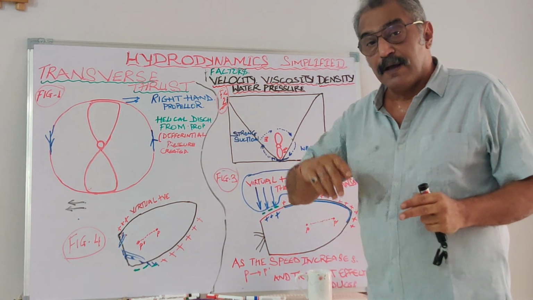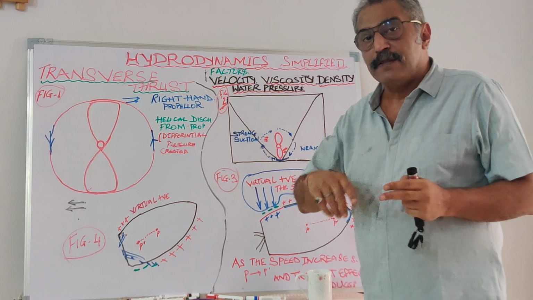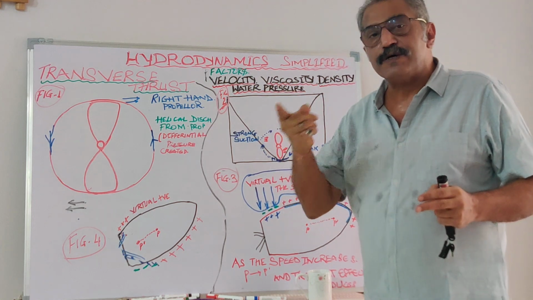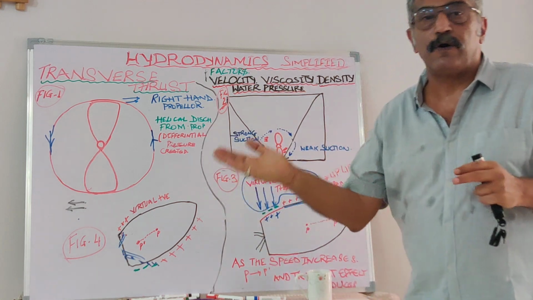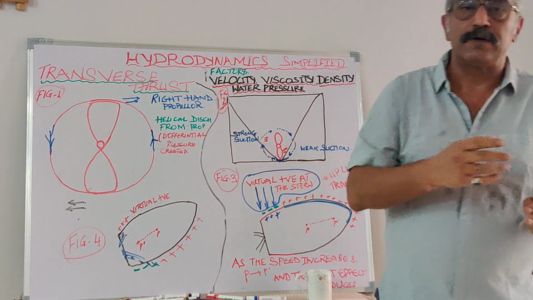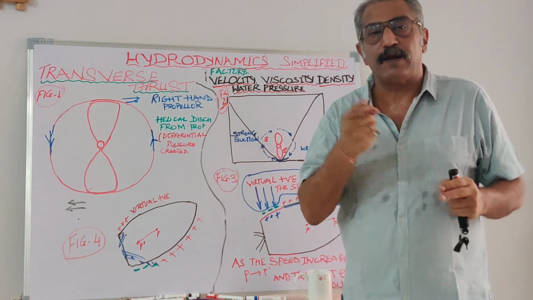At the same time, coming to the centrifugal force, when the propeller is turning in the reverse direction, it's sucking the water from the starboard side and throwing it on the port. When the vessel is going astern, the propeller is moving anti-clockwise.